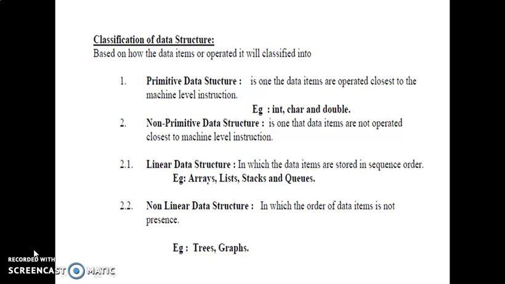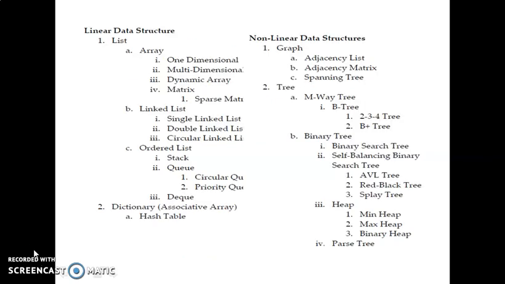Order is not present in non-linear data structures, so it depends upon what type of data structure is stored. For example, tree or graph. In a tree we call them nodes, and in a graph the data is called vertex. So it depends upon the data structure in non-linear data structure.